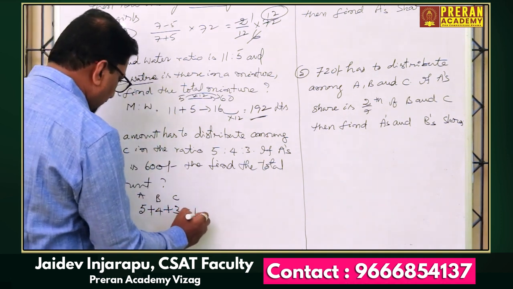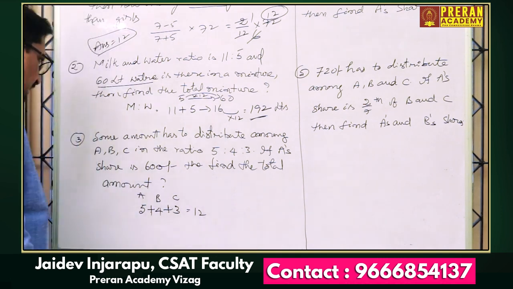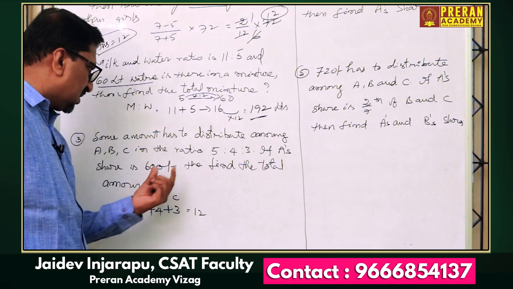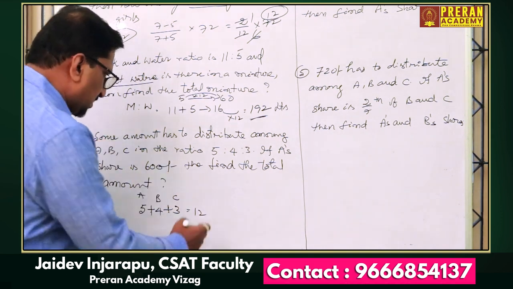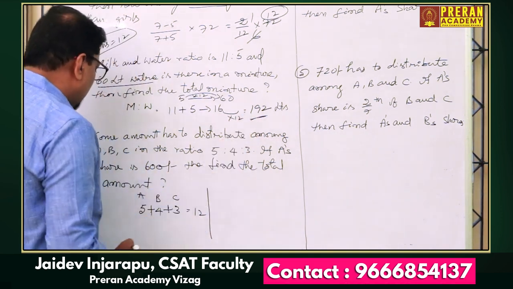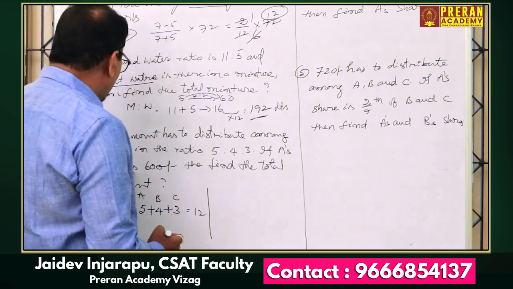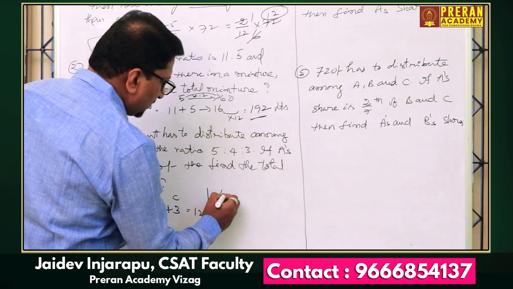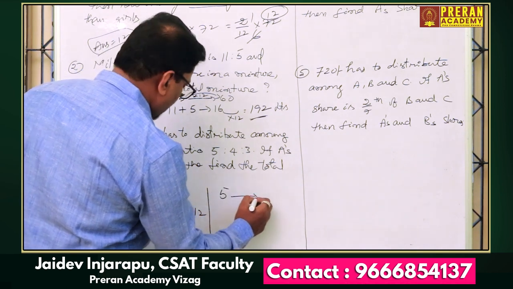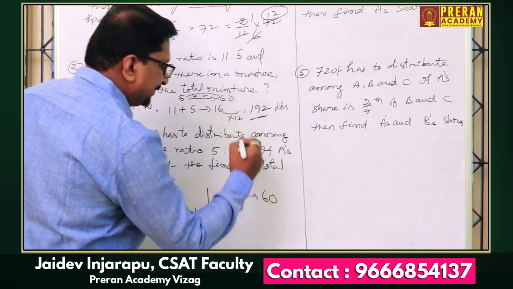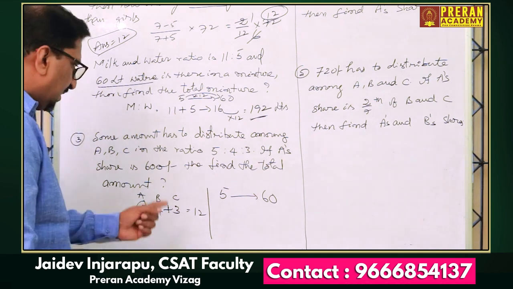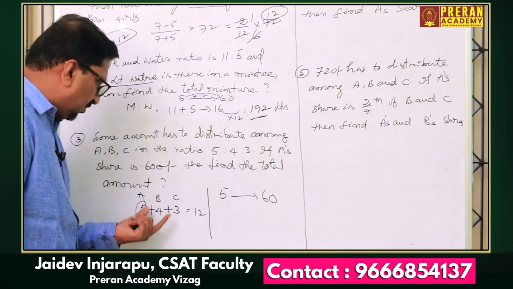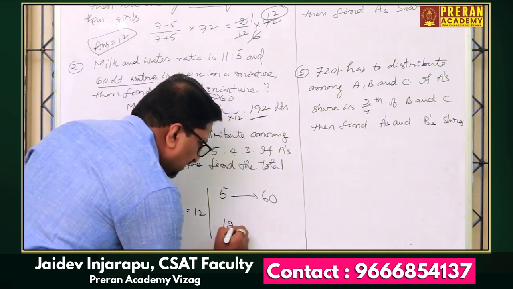Totally it's 12 parts, right? Now, he has given that if A's share is 600, that is interesting. Based on this we have to calculate. A's share, how many parts? 5 parts. So this 5 parts is 600. Then we need to find the total amount, which is 12 parts.